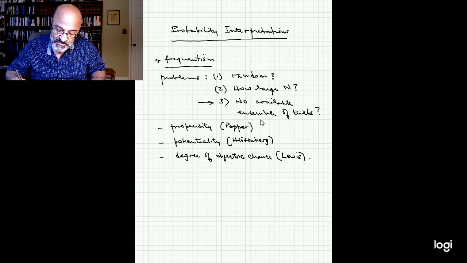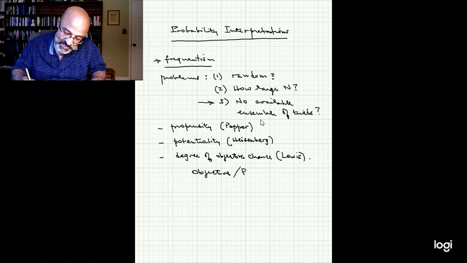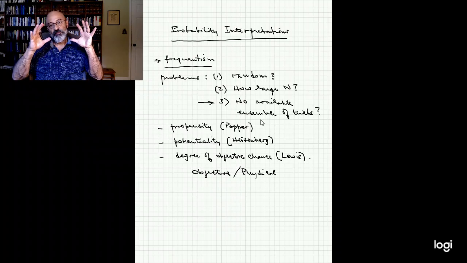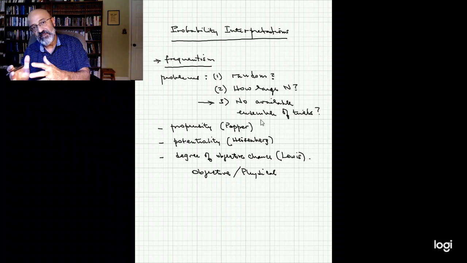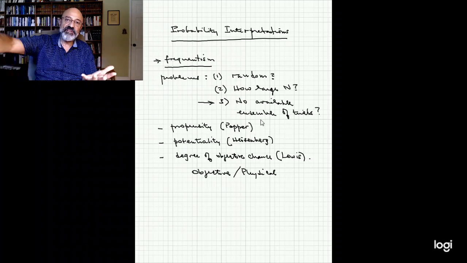One of the things that they all have in common is that they're supposed to be objective. They're supposed to represent something physical. So these ideas are trying to describe probabilities as being part of physics. You may want to figure out how an electric field moves around.